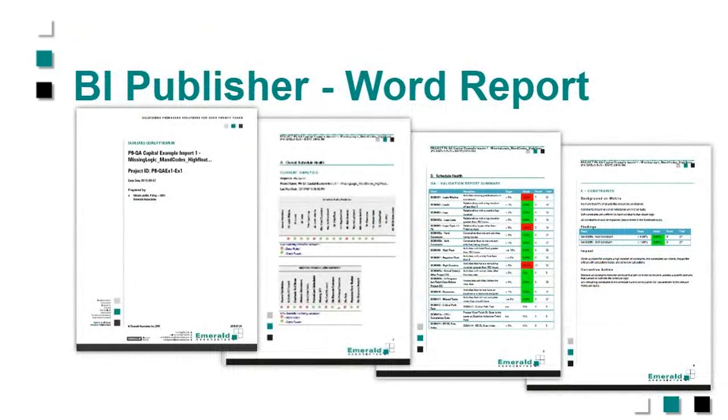Then we can use that information with some views that can be pulled out, like into BI Publisher, maybe Power BI. It could bring it into a Word report so that you could have some nice reports for management or whatever you wanted to use the reports for.